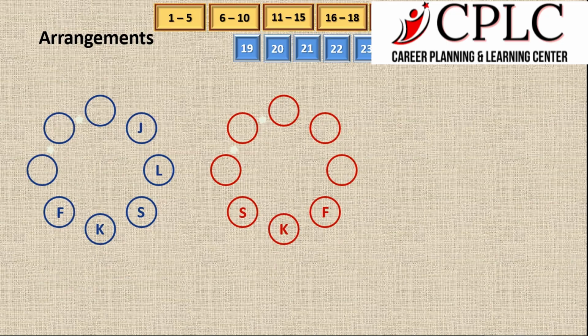Next idea, between J and S, L is sitting. So one position on the right side, the red position on the left side. In the next statement, there will be an issue because they said that D is sitting in the red arrangement. There is no possibility for that.